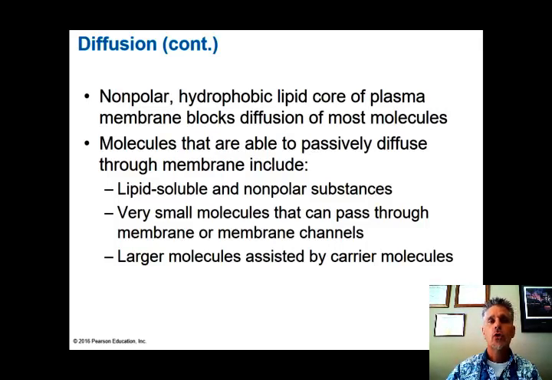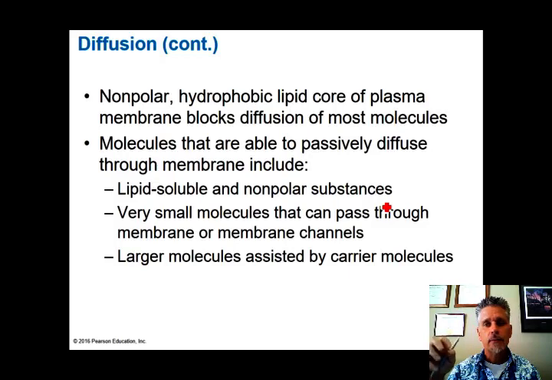Okay, so diffusion, like we said, there is simple diffusion, but often that plasma membrane, the structure of it, blocks a lot of the easy movement across the plasma membrane, and so usually we need some sort of escorting across. So carrier molecules are going to escort larger molecules.